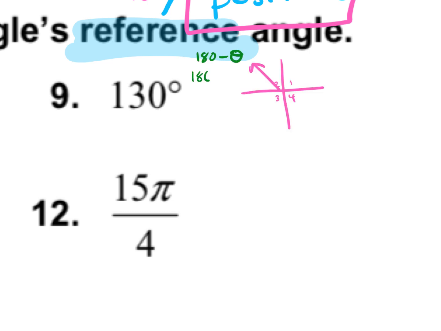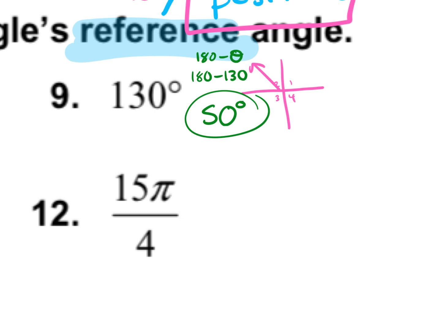So we have 180 minus 130. What's 180 minus 130? 50. So our reference angle would be 50. Remember, your reference angle is like a smaller angle than the one that's given. It's like the smaller version of it. So if your question gives you degrees, your answer has to be in degrees. If it's in radians, it has to be.